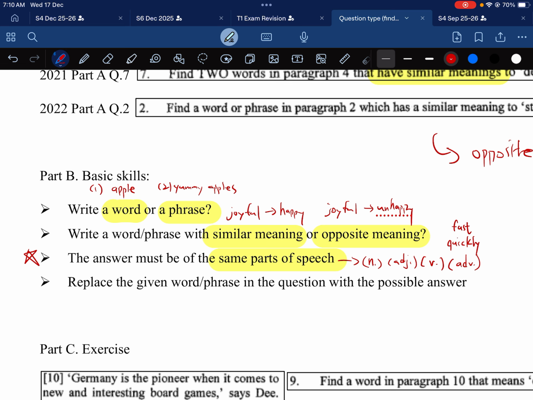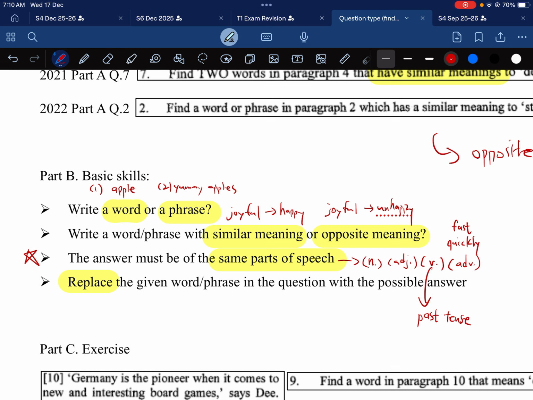We don't have fastly. The last tip is that we need to see whether you can replace the given word or phrase in the question with the possible answer. So just put your word or your phrase in a paragraph to see if the meaning fits. Okay? By the way, I need to also mention that for the same part of speech, if that part of speech is a verb, for example, in the paragraph, the verb is in past tense, right?